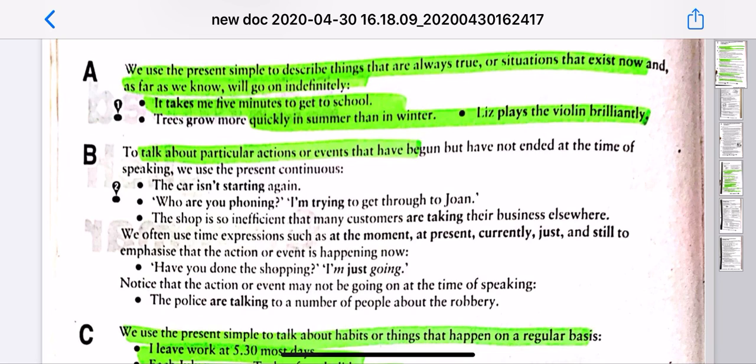Days are longer in summer and shorter in winter. So, this thing we can add in the example of this category. Liz plays the violin brilliantly. Manisha speaks English brilliantly.